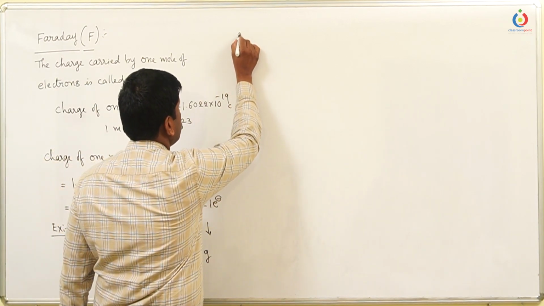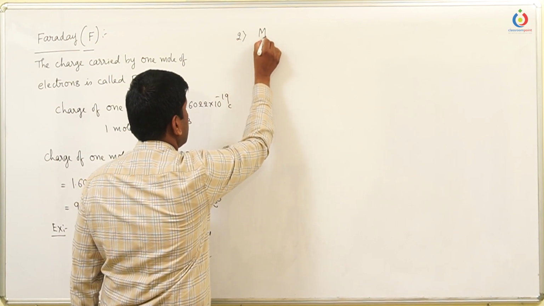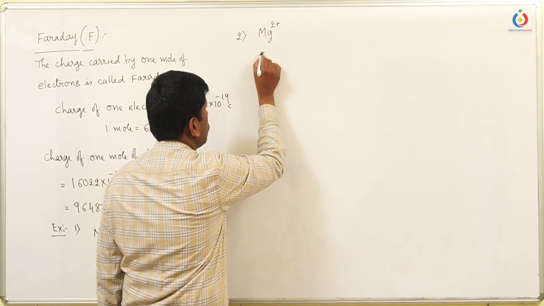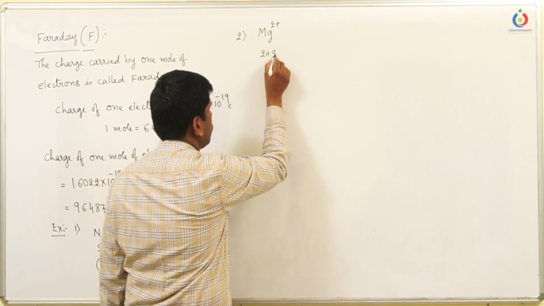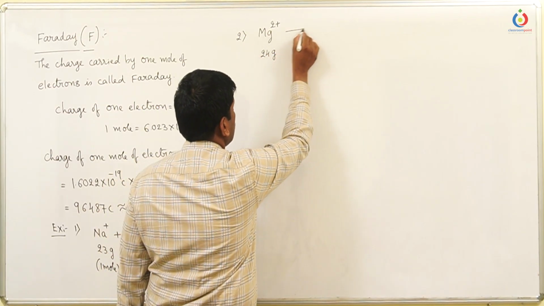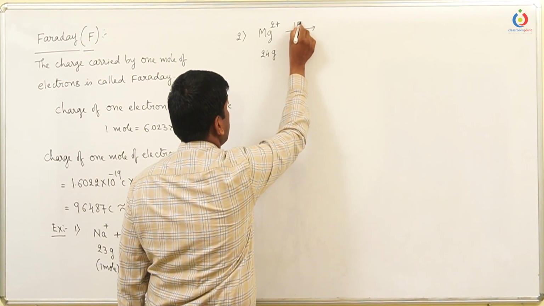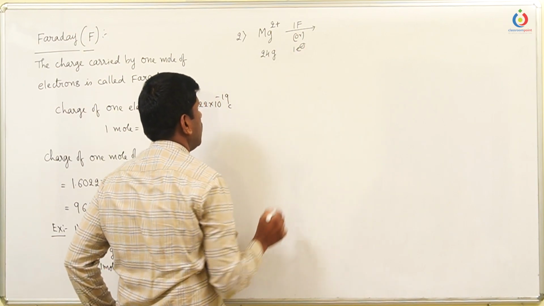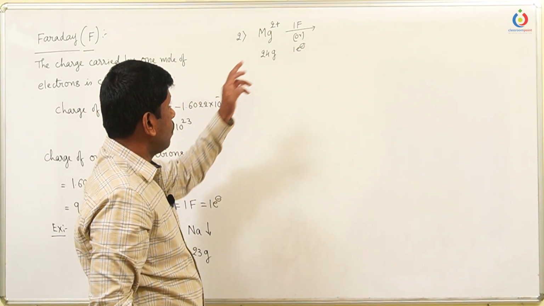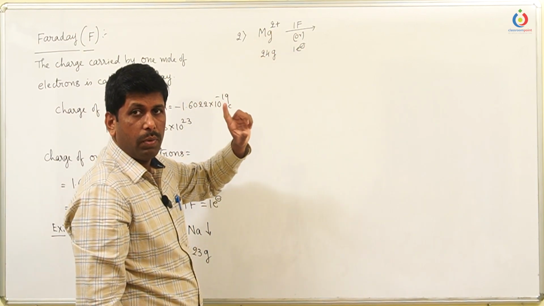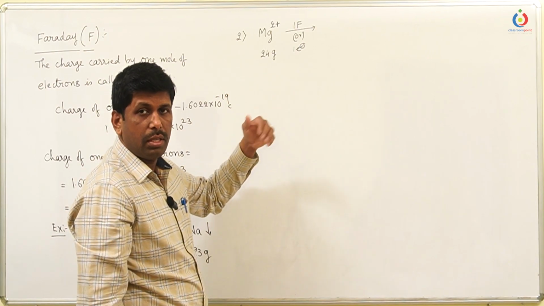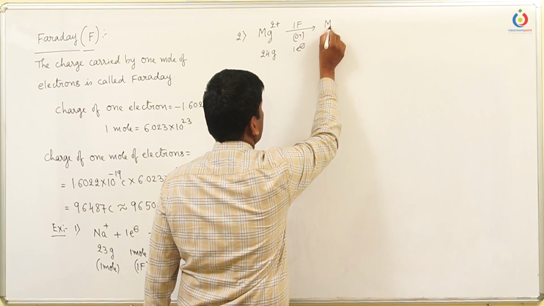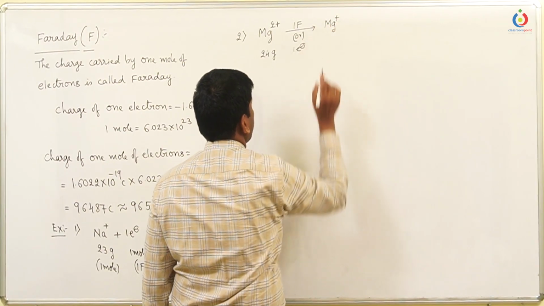Now let us take the other example, that is the magnesium 2 plus ion. This magnesium 2 plus ion's atomic mass is 24 grams per 1 mole. When you add 1 Faraday of electricity, which means 1 mole of electrons, out of 2 positive charges only 1 positive charge gets neutralized, the other positive charge does not get neutralized. So here we can write Mg plus.